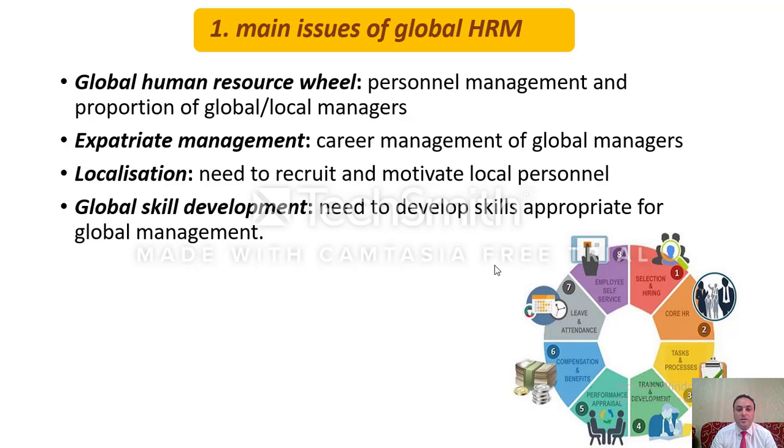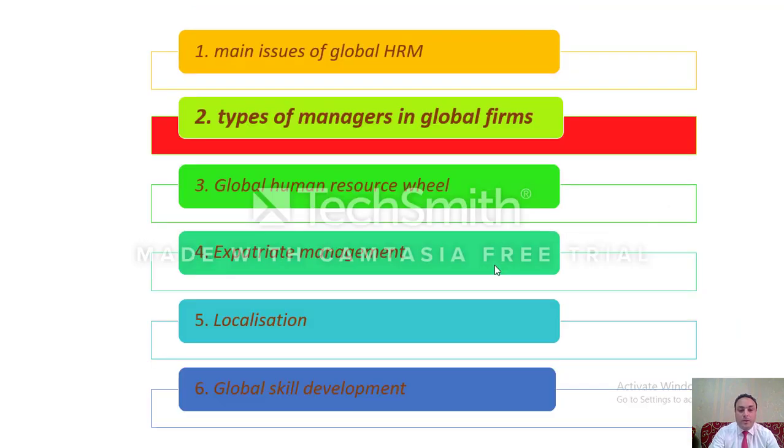So the company has to balance the proportion of these two types of managers, global and local, and also the managing of the expatriates, the people who are working abroad in foreign countries and live there, and their families. So this is the career management of global managers, and the localization, which is the need to recruit and motivate local personnel, and finally the global skill development, the need to develop skills appropriate for global management.